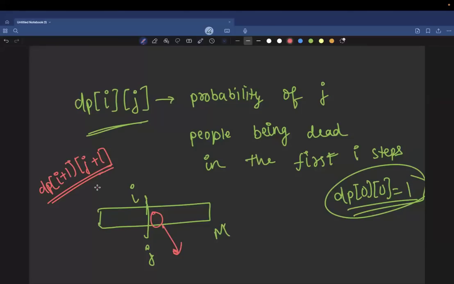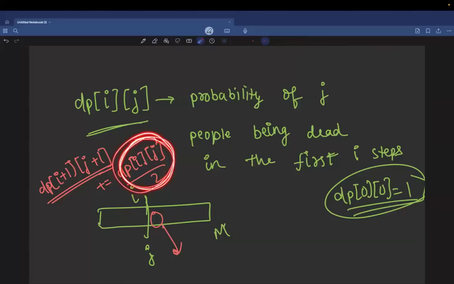This state should get some increment of dp of i, j by 2, because there is a half chance, like the probability of people being dead till now, the probability of j people being dead among the first i steps.